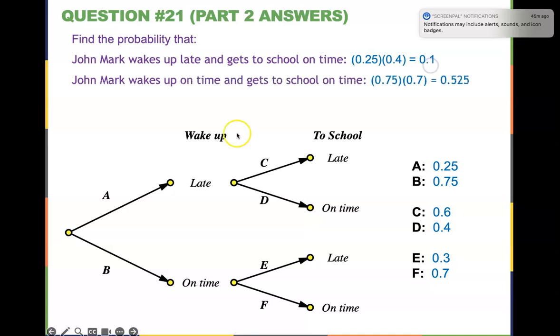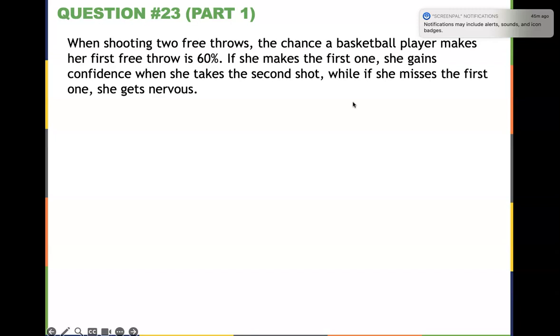Second scenario, John Mark wakes up on time and gets to school on time. We're going to multiply the 0.75 for B and then the 0.7 for F together, and you get 0.525. Add those two situations together, and you've got a 62.5% chance that John Mark is getting to school on time.